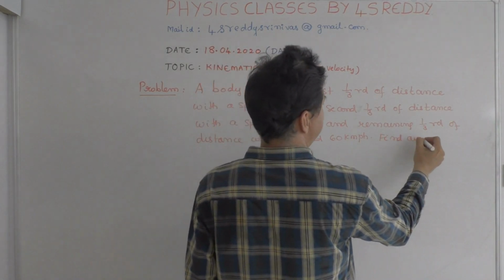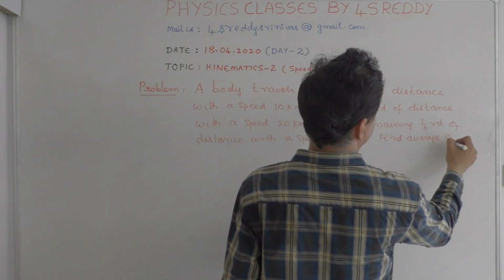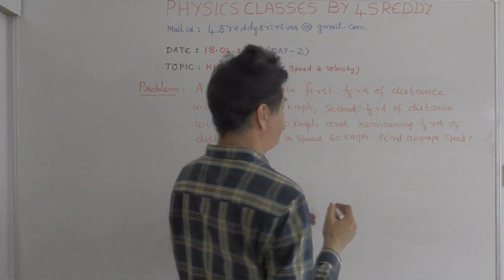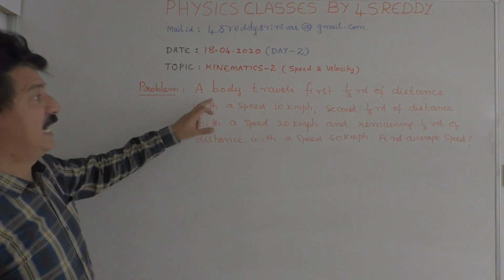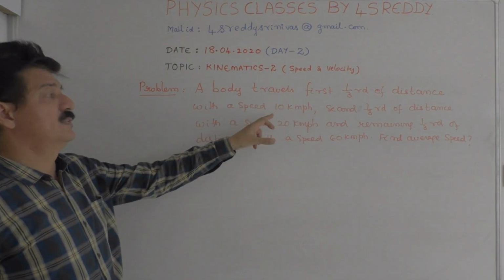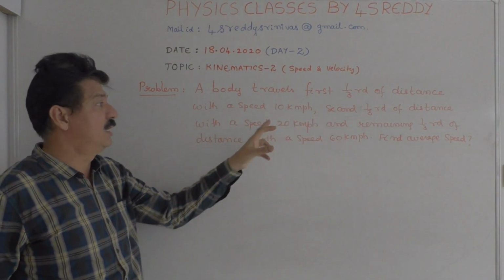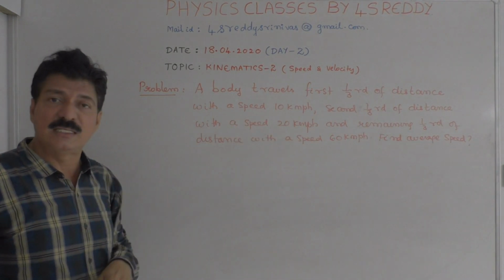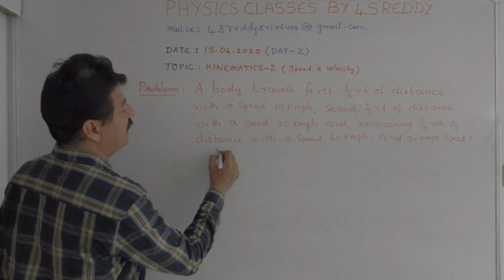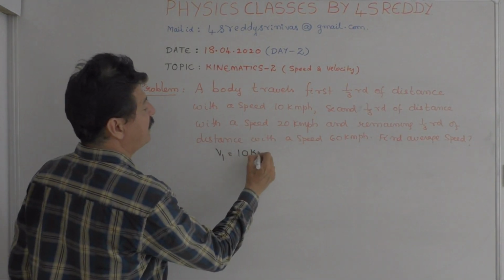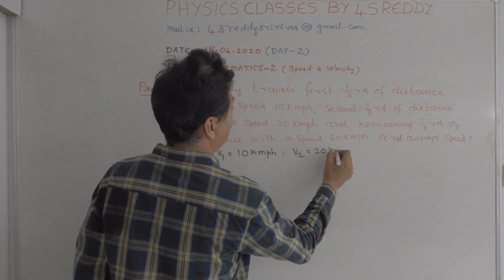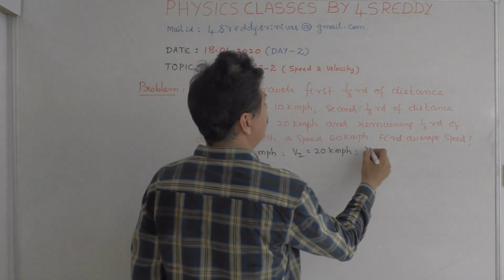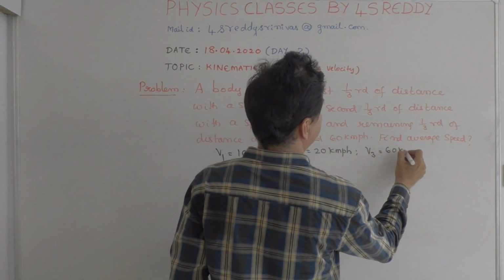Find the average speed. This is what you are given. A body travels first one third of the distance with a speed 10 kmph, second one 20, and third one is 60. So first of all, you can take V1 is 10 kmph, V2 is 20 kmph, and V3 is 60 kmph.